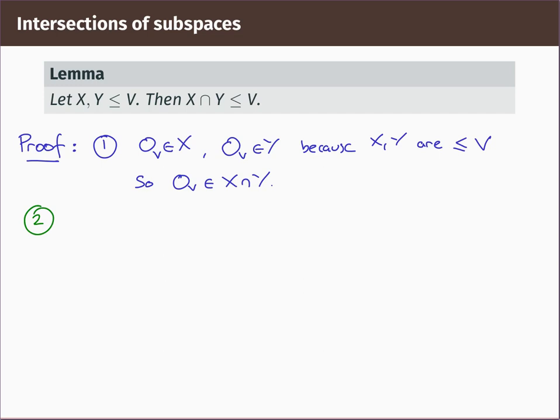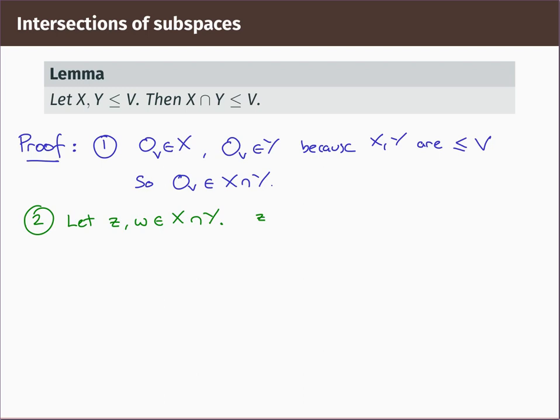So now let's show that the intersection is closed under addition. Let's say z and w are elements of X intersect Y. I have to prove that z plus w is an element of X intersect Y.